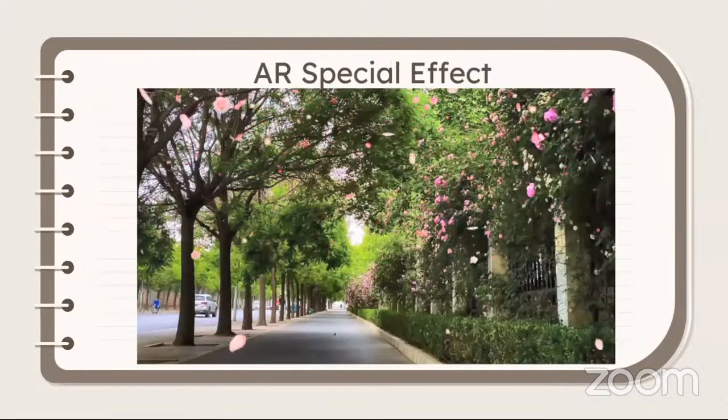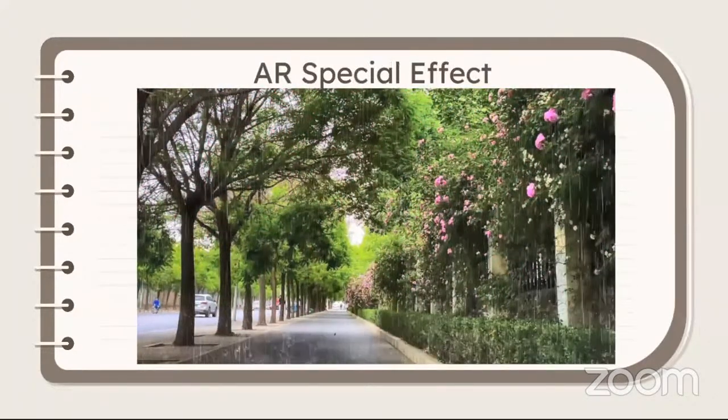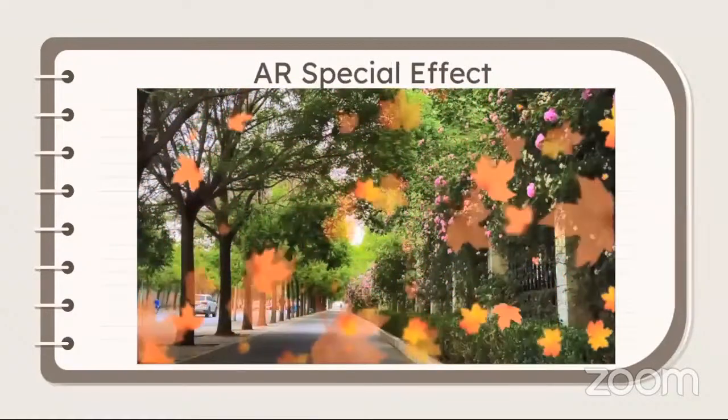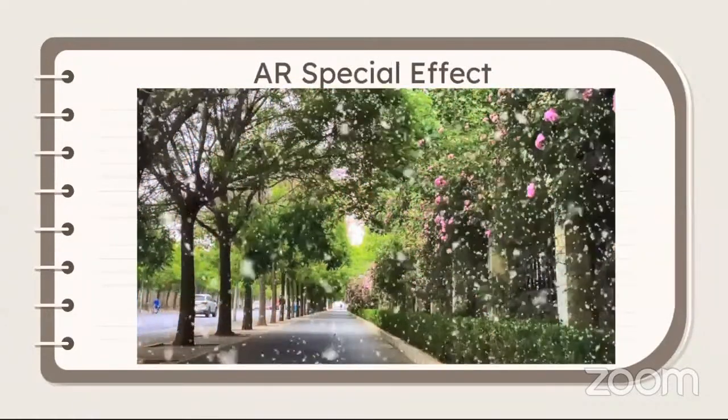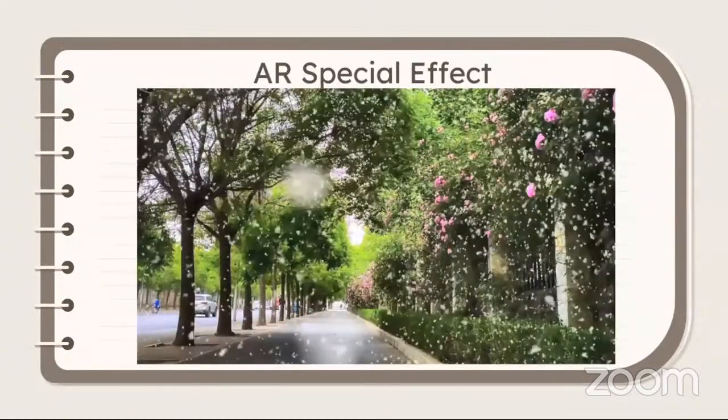This is the special effect that SuperMap iDesktopX has for the AR, where we have flower petals flying, or we can change it to rainy days, snow, and many other effects.